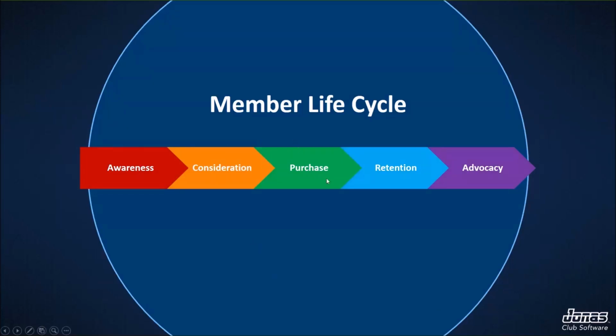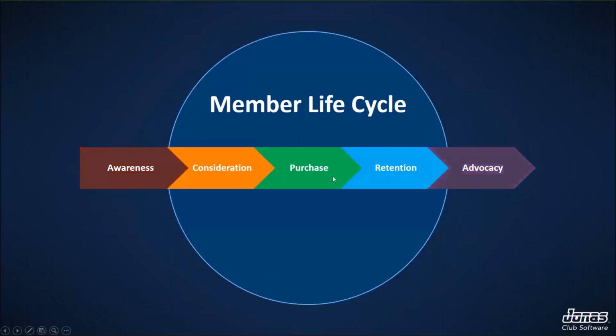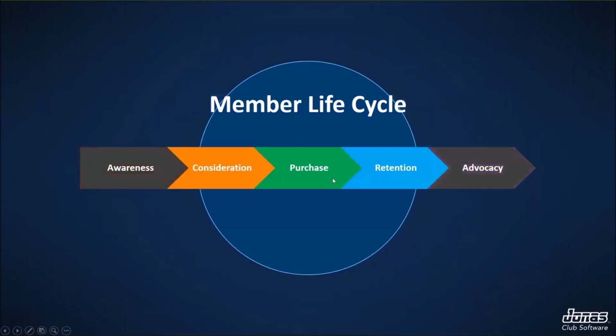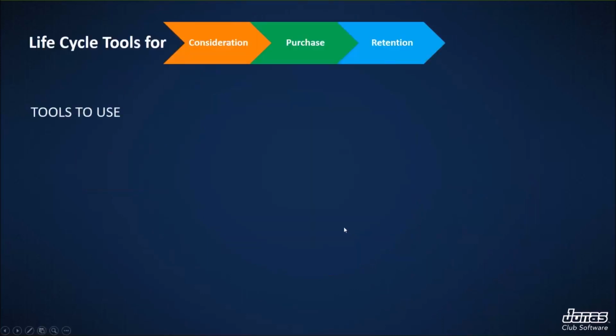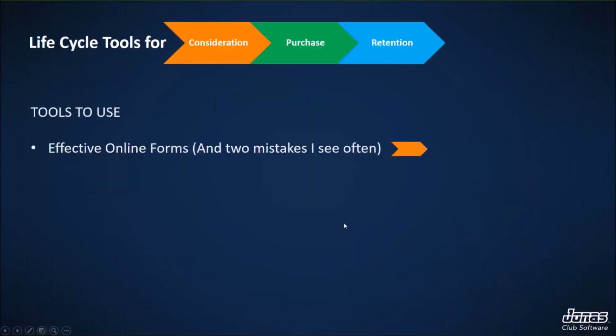Now, in today's session, we're actually going to focus on the middle three phases: consideration, purchase, and retention, and four tools that are effective to use in these three phases. Those include starting with effective online forms on your club website.